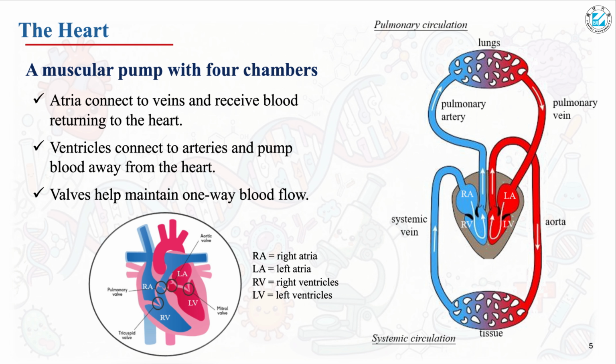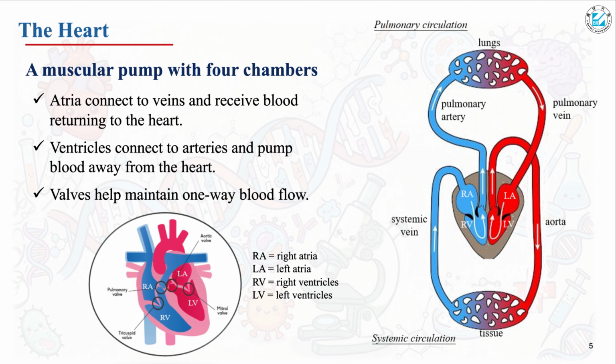The heart is a muscular pump located in the chest. Its main function is to pump blood throughout the body. The heart has four chambers. The two upper chambers are called atria. The lower chambers are called ventricles.